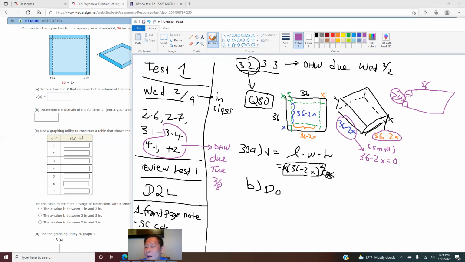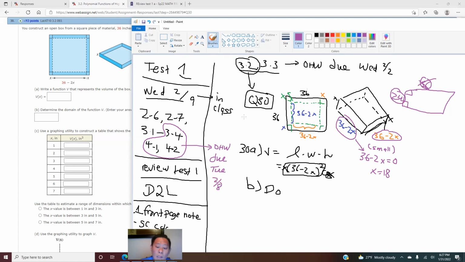If you cut more than 24 here, it will not work, otherwise you will have issues. 36 is bigger than 24, so we don't care about it for the domain. Since the length here is the same, you just solve for x. So x in this case is 18.